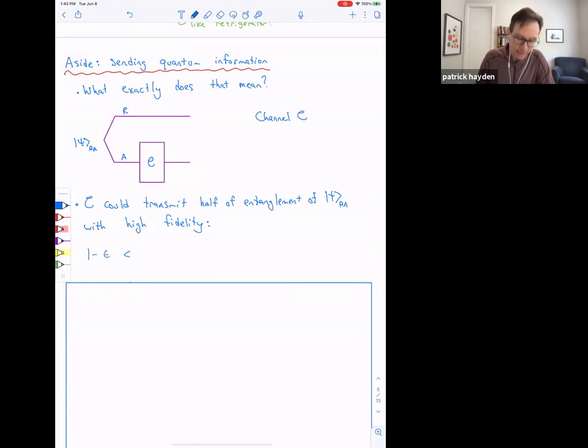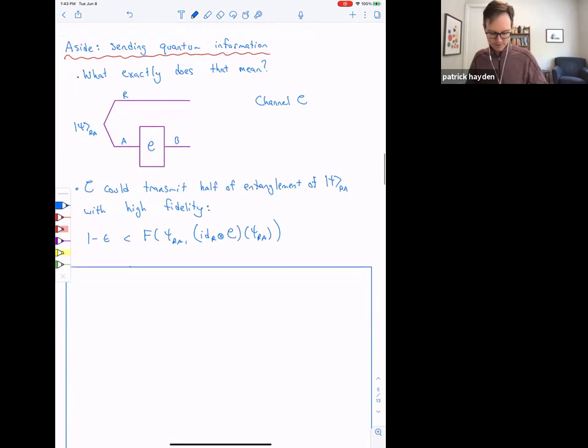So maybe the fidelity is at least 1 minus epsilon between the state that went in and the state that came out. So it acts as the identity channel on R, the channel C on A, and acts on psi RA. Maybe I should even call this B here for good measure.